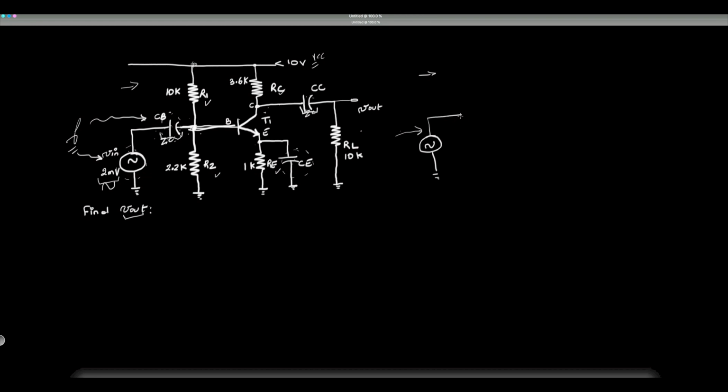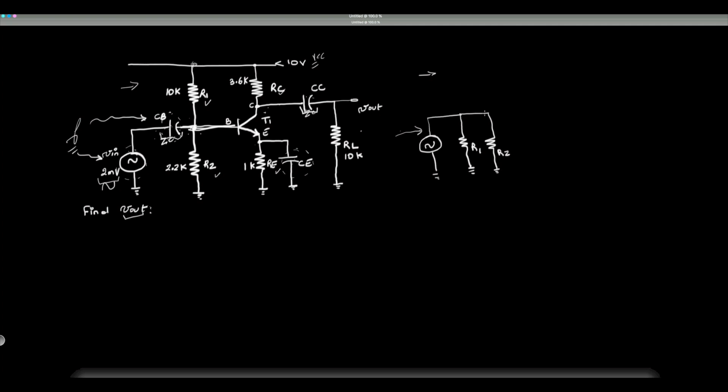So let's go ahead and continue with the AC conversion of this circuit into the AC model. And we're going to use the pi model. So first, we're going to have R1 going to ground as well here. So this would be R1. This would be R2.